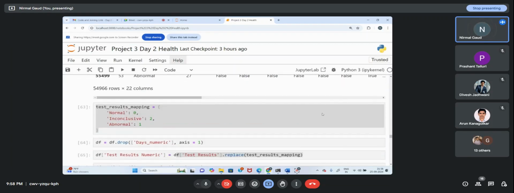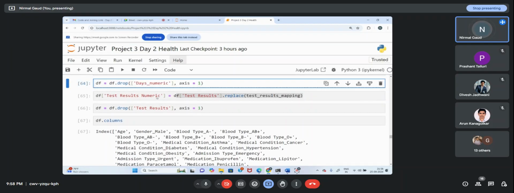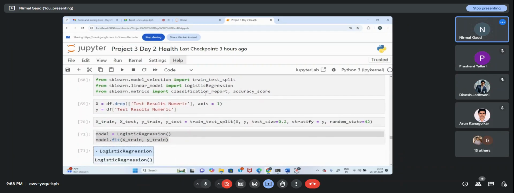Second, you are saying keep days numeric. Okay, you can keep the days numeric. Then I dropped the test results and applied the machine learning algorithms. I took logistic regression first. Test results numeric, I dropped and took it on the y axis.